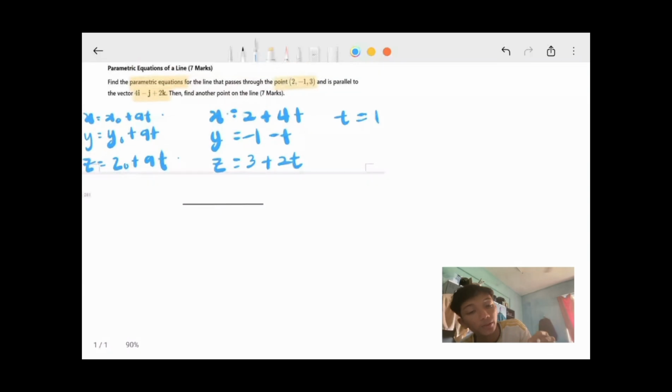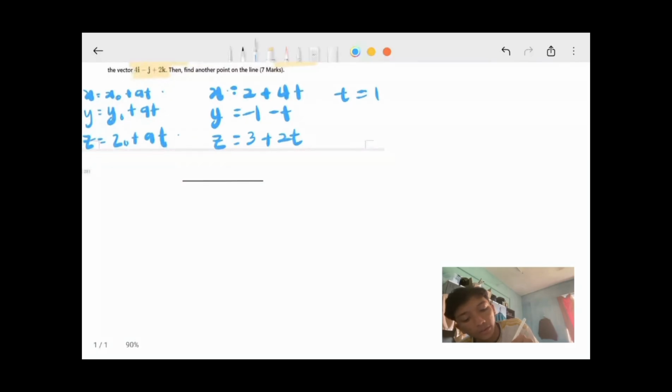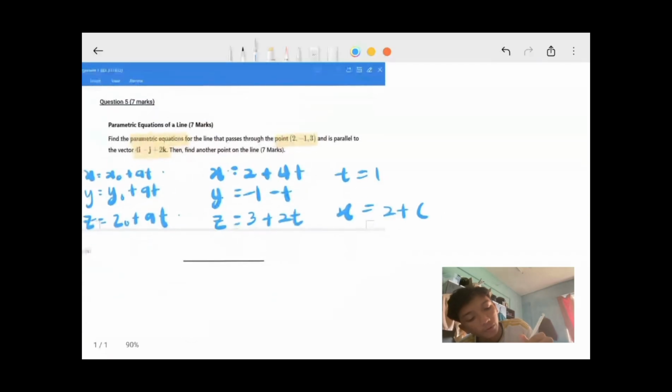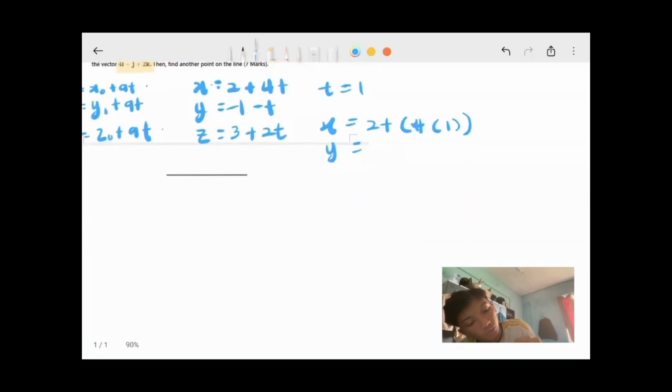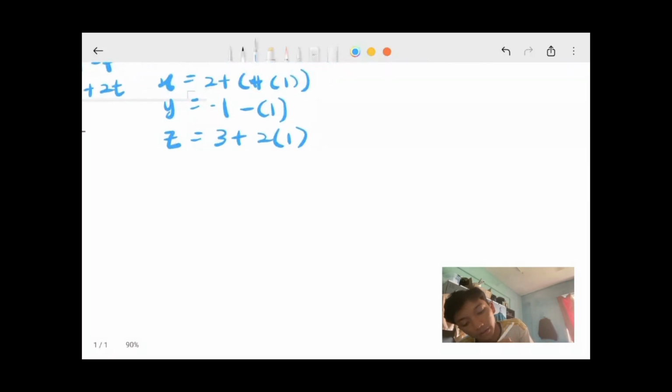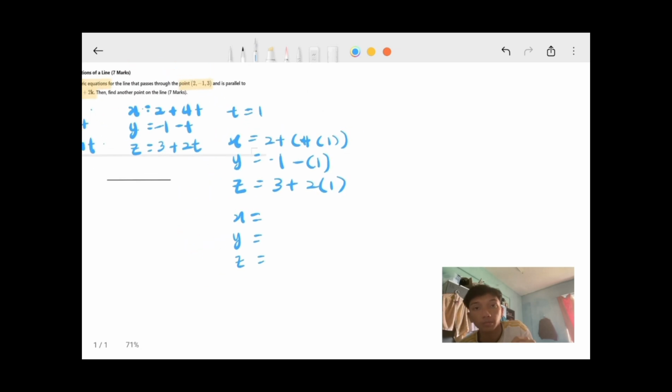Substituting this value into the equation, we get another point on the line: x equals 2 plus 4 times 1, y equals -1 minus 1, and z equals 3 plus 2 times 1, which gives the point (6, -2, 5).